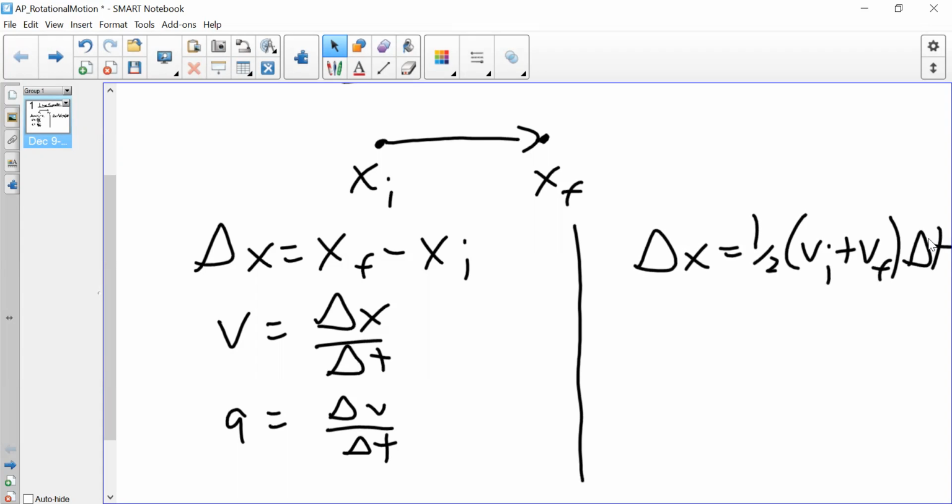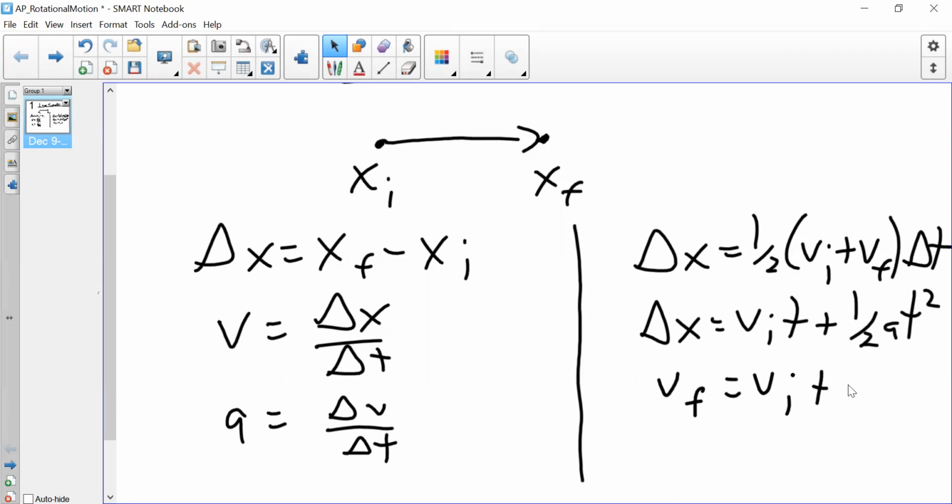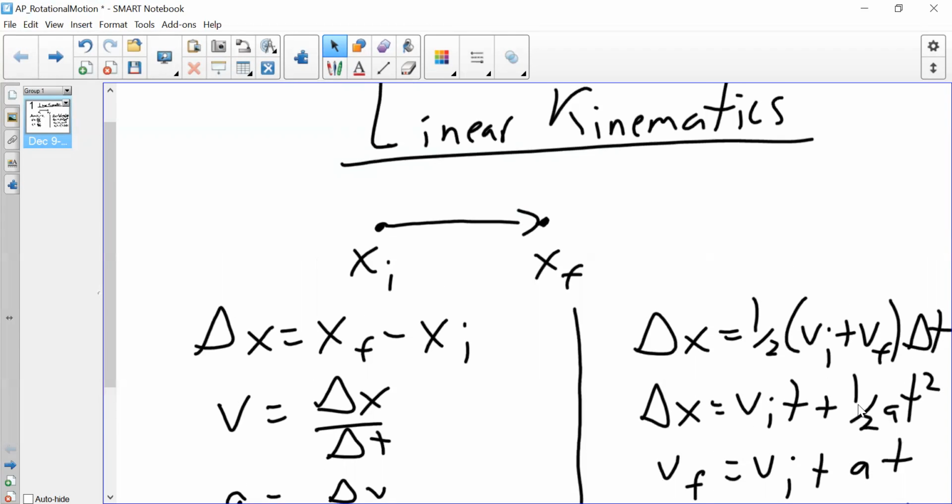In both X and Y direction, for the sake of time, I'm just going to show you the delta X. And for delta Y, you just use delta Y equals that stuff, and A becomes negative G. So that's our linear dynamics that we've been working with for every chapter, really.